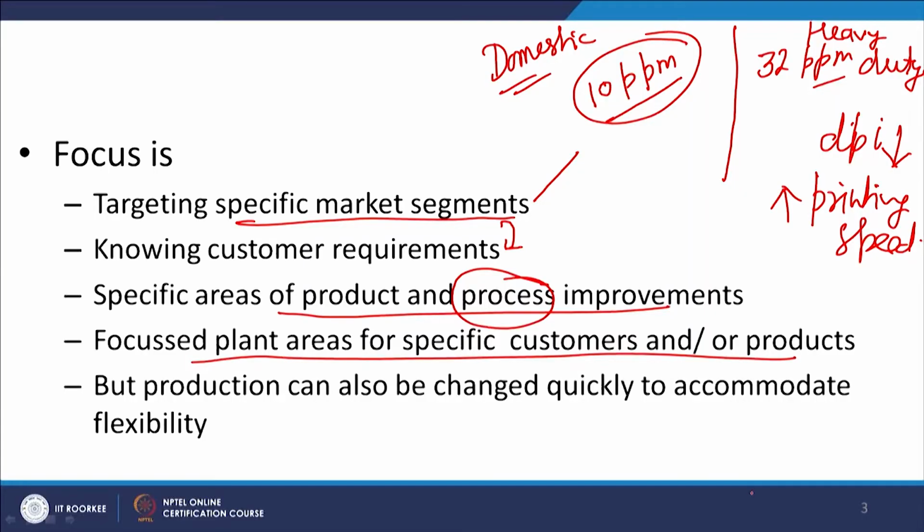I need to give specific products and specific requirements for those customers, and for that purpose maybe within my plant I can give some specific location where only the products related to those specific customers are made, or I may depute a few personnel to continuously interact with those customers.